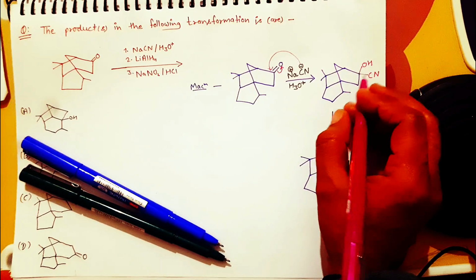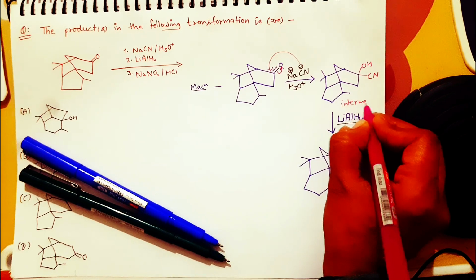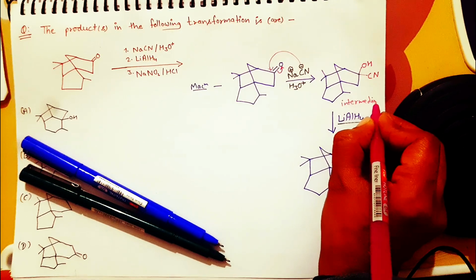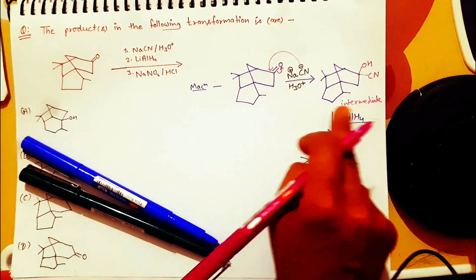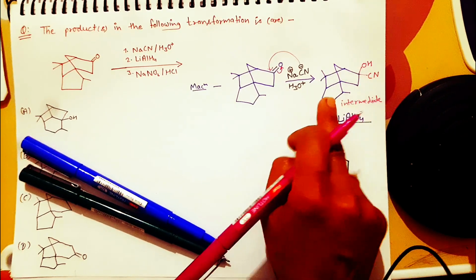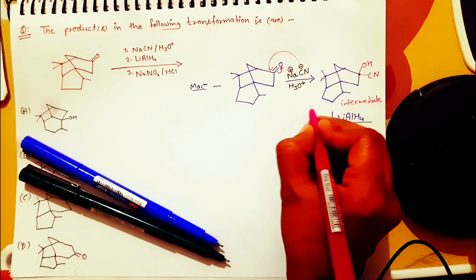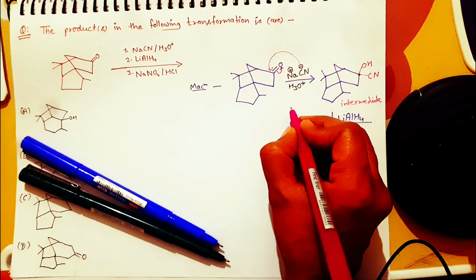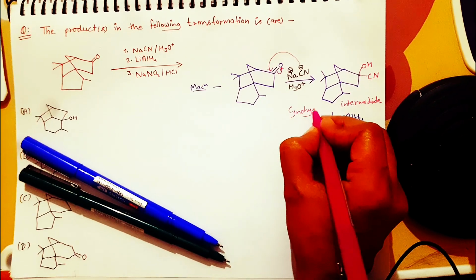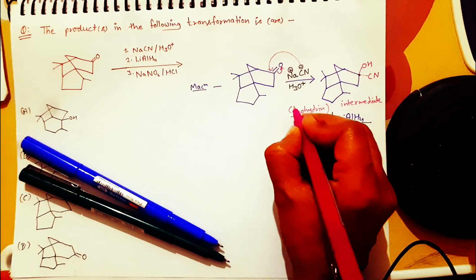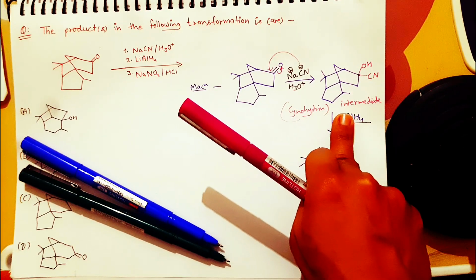This is our intermediate. After the first step we get this intermediate. It is a cyanohydrin. What do we call this intermediate? We call it a cyanohydrin.